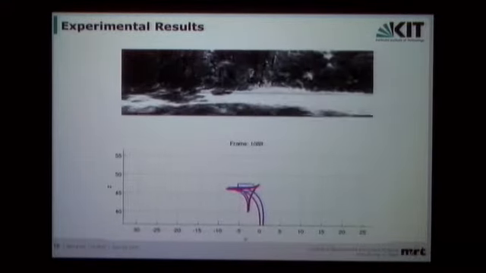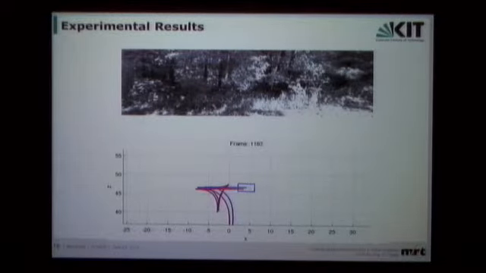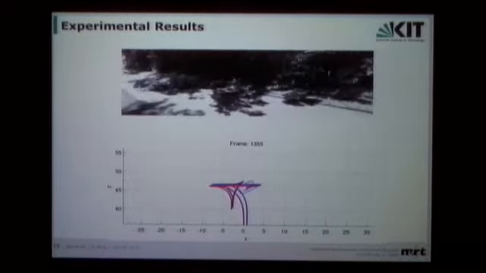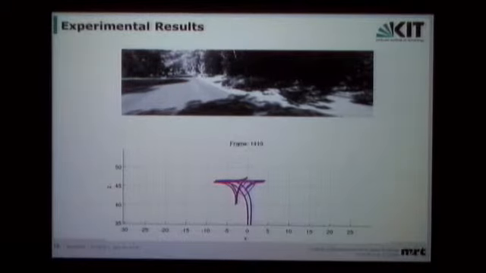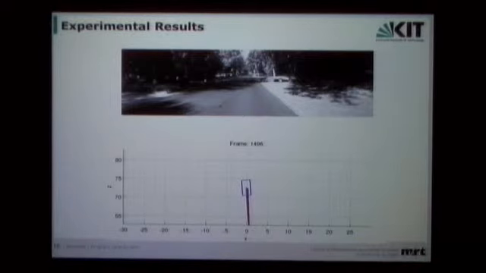And we can see at the end of the sequence that the result is quite good and that the drift is not severe. So it's continuing now on the street, and the blue and the red lines align very, very nicely.